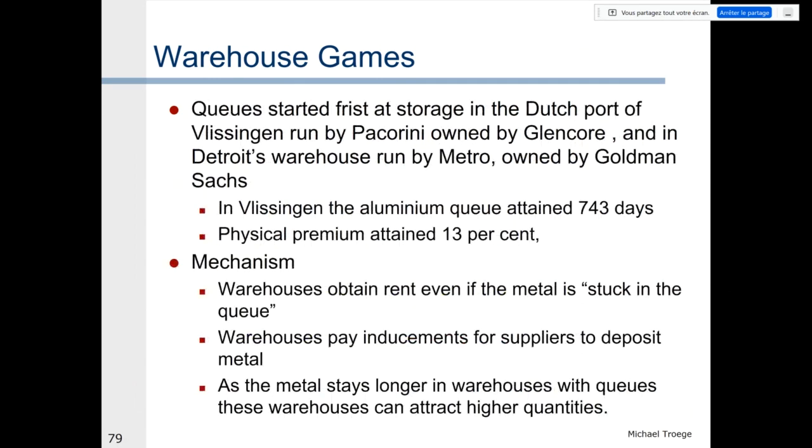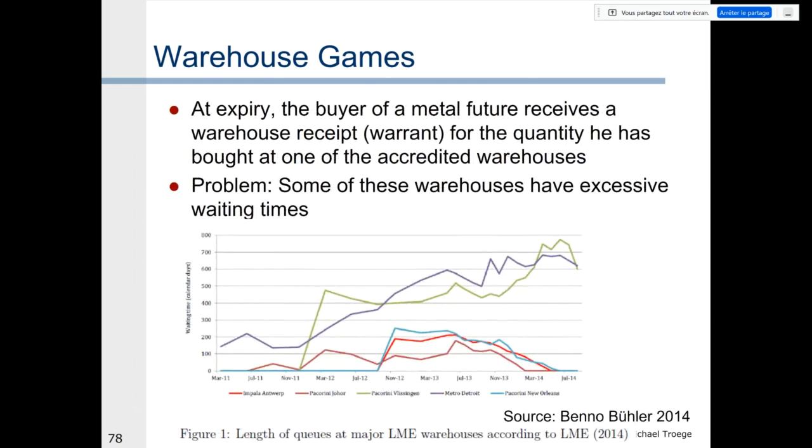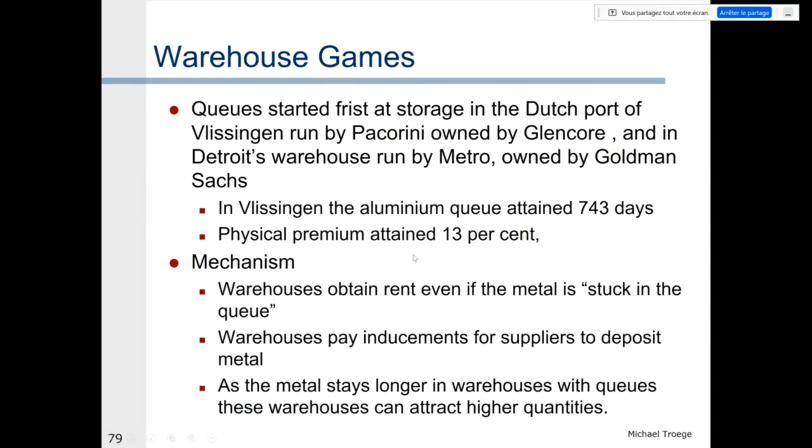And that means that the price difference, okay, there's going to be a huge price difference in the case of aluminum, up to 13%, okay, for the physical and immediate delivery compared to the delivery of these warehouse receipts. Okay, again, has it been constructed intentionally or not? There was a lawsuit. I think they didn't find anything, but it's a bit suspicious, okay, because these warehouses are owned by, I mean, so that Vlissingen warehouse was run by Glencore.